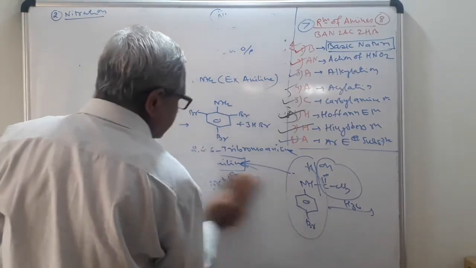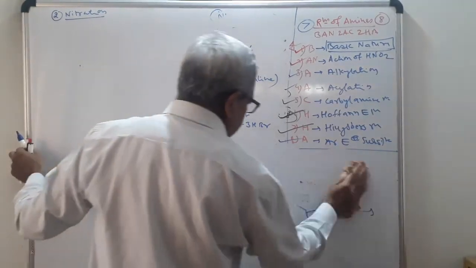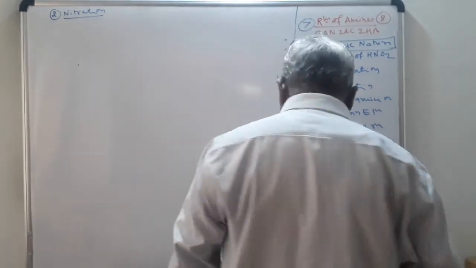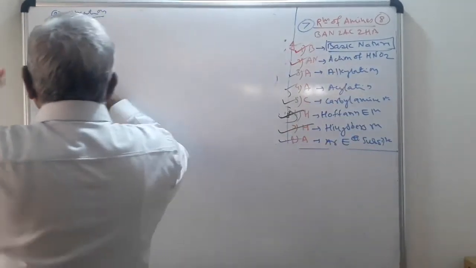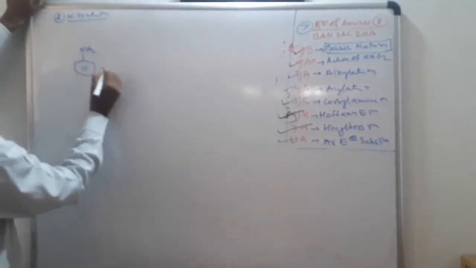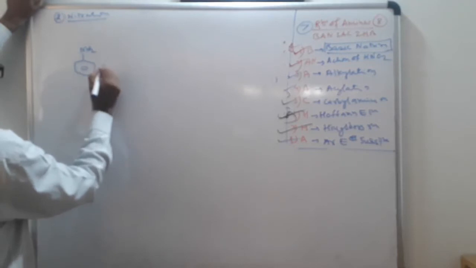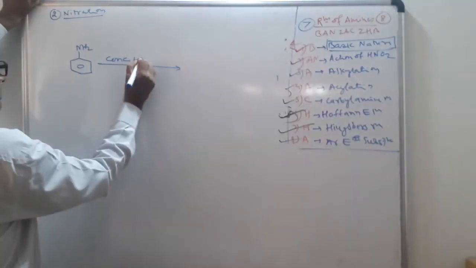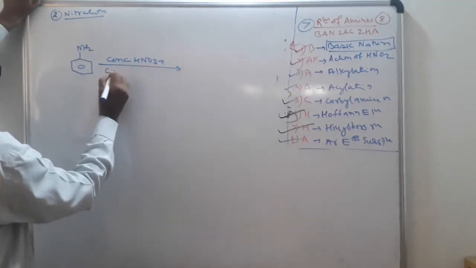The reagent used is a nitrating mixture, that is concentrated HNO3 plus concentrated H2SO4. The role of HNO3 is a base to generate the nitronium ion. So see the reaction here, aniline, NH2 benzene ring. When you do the reaction with concentrated HNO3 and concentrated H2SO4, it is a nitrating mixture.